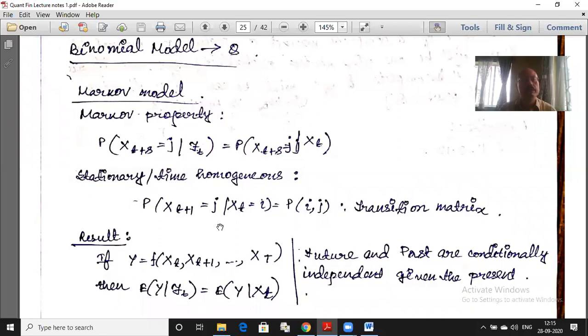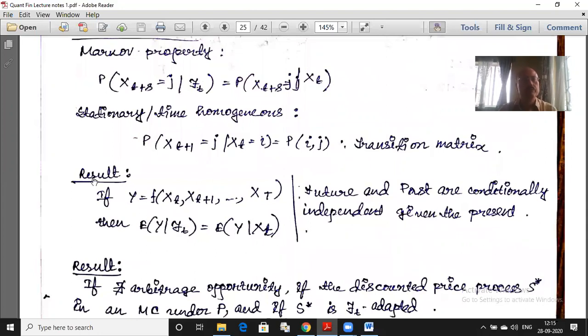So the probability is only dependent on the two states and not dependent on time. That's a time homogeneous transition probability. It basically looks like a transition matrix if your state space is finite. We are working with finite state space. So for a time homogeneous process, our transition probabilities can be described in a nice matrix.